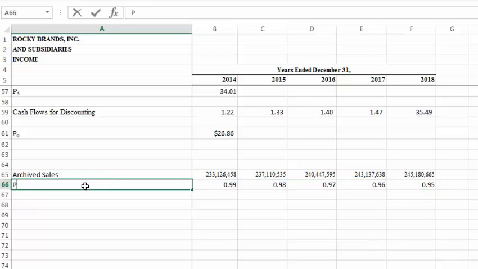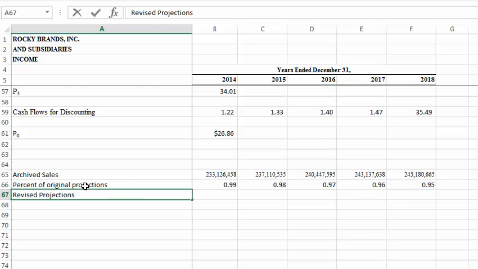So this is percent of original projections, and then this one is revised projections.